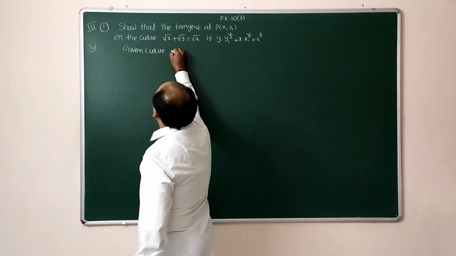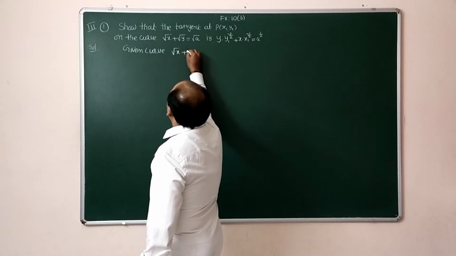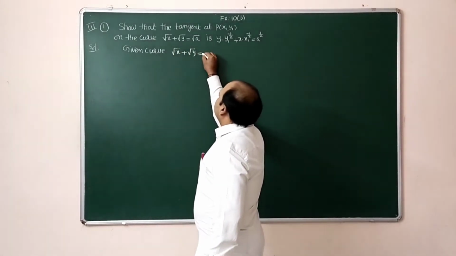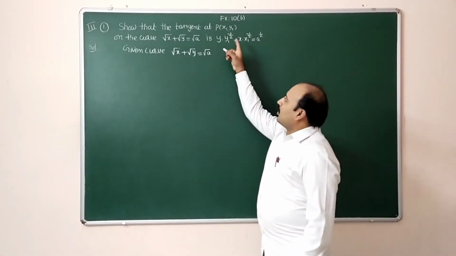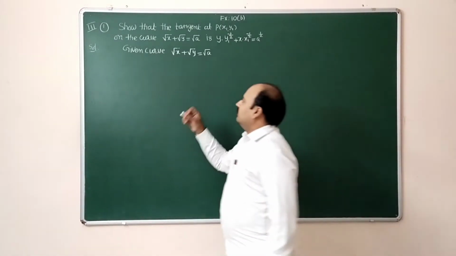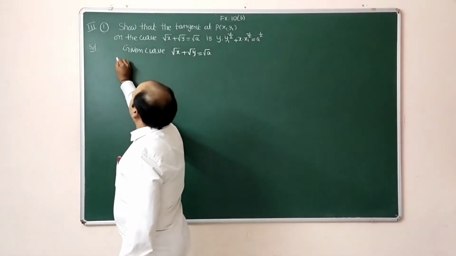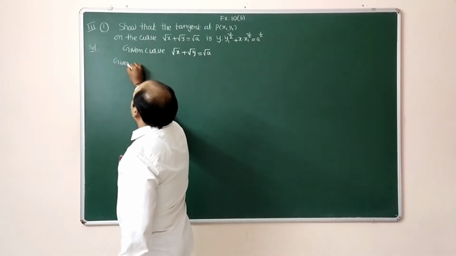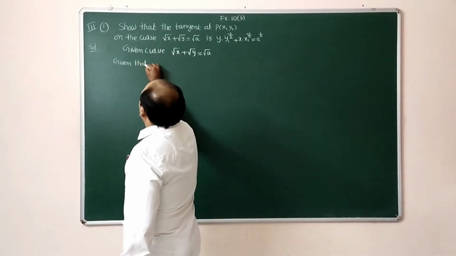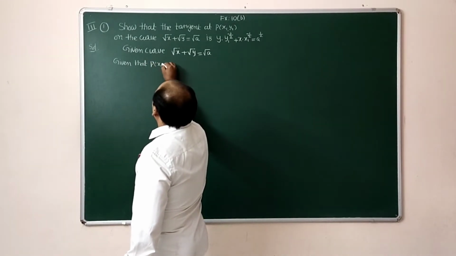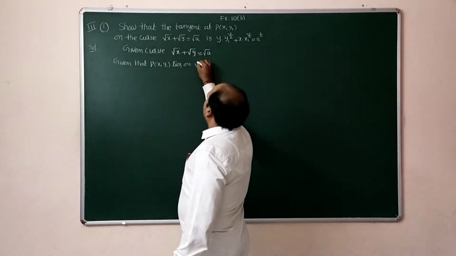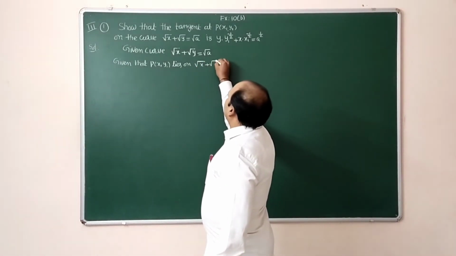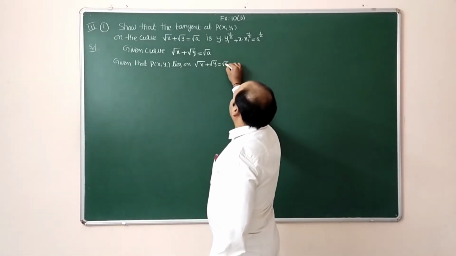Given curve root x plus root y is equal to root a, and one more point is given. The point lies on the curve. Given that P of x1, y1 lies on root x plus root y equal to root a.